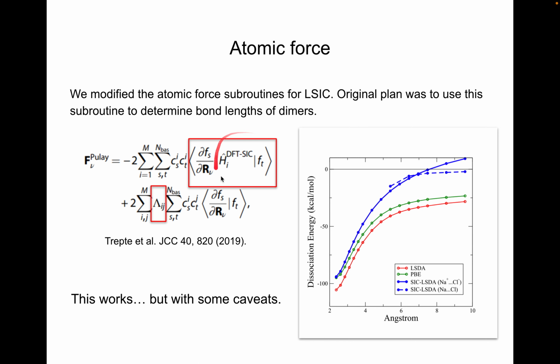And this term over here is similar to the DFA SIC Hamiltonian, but you need to take a derivative with respect to the nuclear coordinate. So we did that derivative of the nuclear coordinate, and we implemented it into the LSIC code. So we also have the Pulay force implementation in our LSIC implementation.